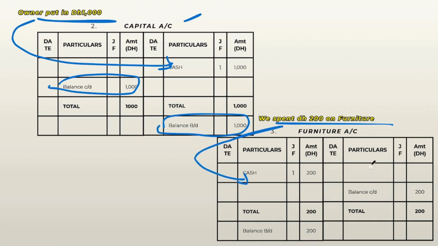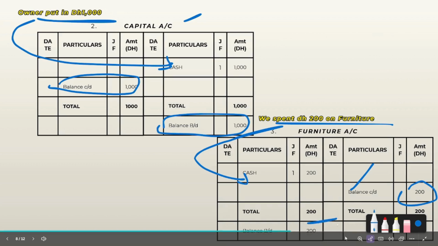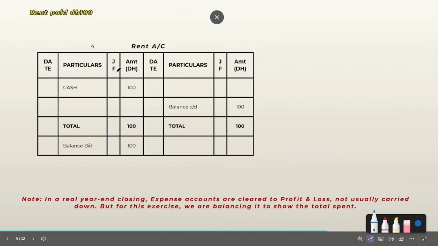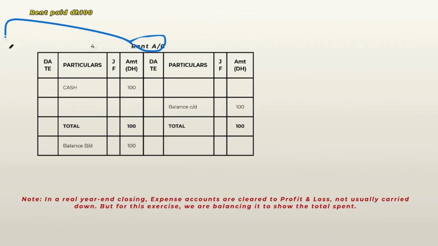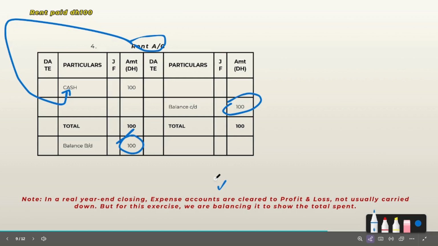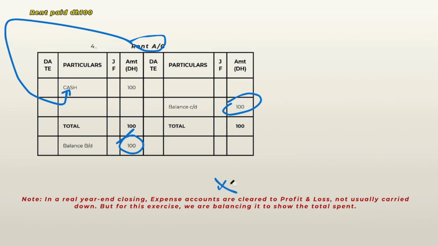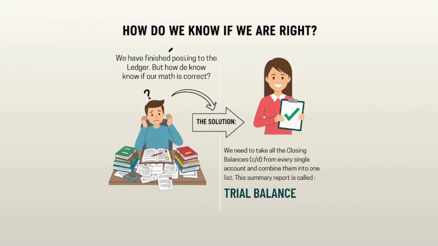The credit side is empty, so the balance brought down is $200 on the debit side. Simple, right? Same thing for rent. It's an expense. It sits on the debit side. We paid $100, so the final balance brought down is $100. In the real world, at the very end of the year, we usually clear out expense accounts like rent to calculate profit. But for today, for this exercise, we're just learning how to balance T accounts, so we treat it just like the others.